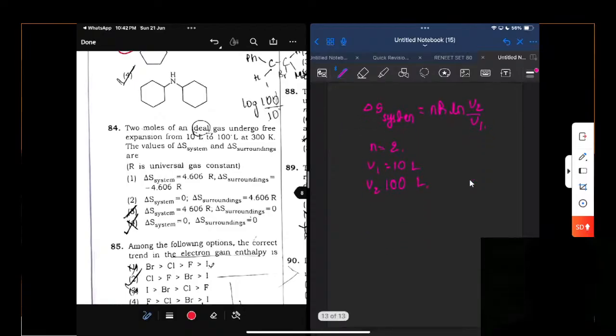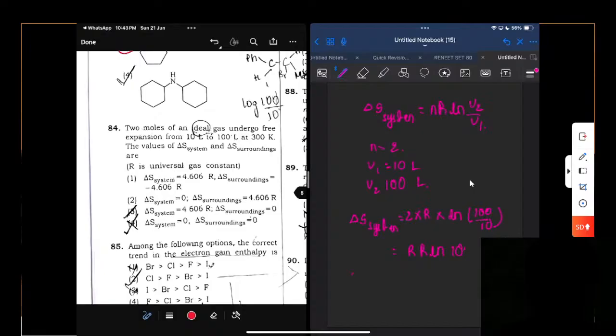Now delta S of system is equal to 2 into R into ln of 100 by 10, which is nothing but 2R ln 10.